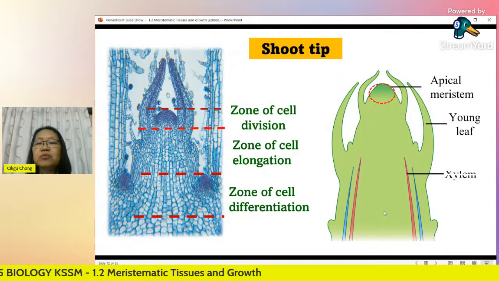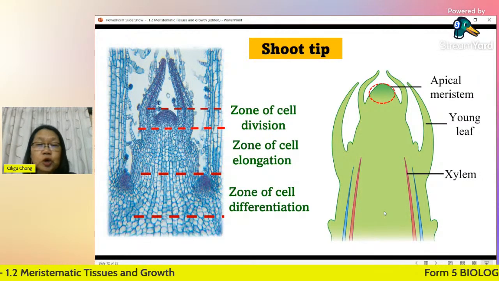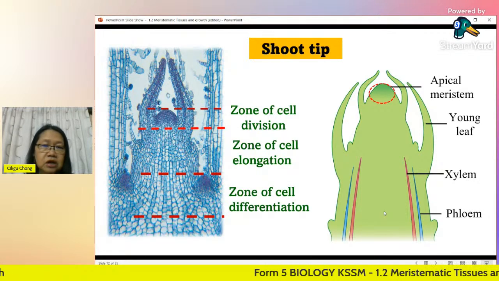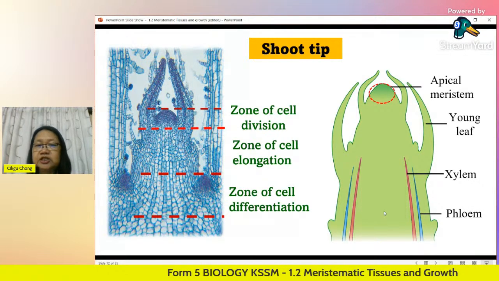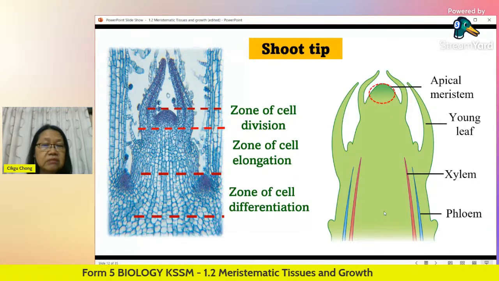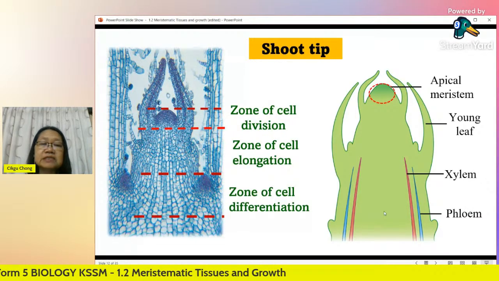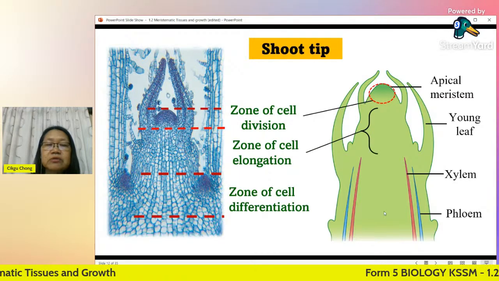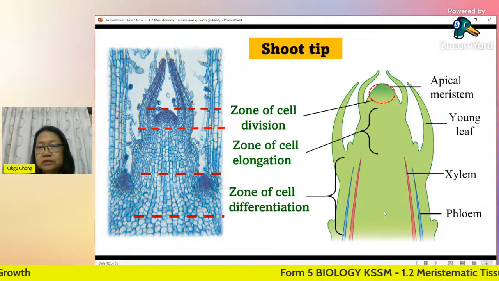Whenever you see xylem and phloem, this is already in the zone of cell differentiation. This is where you label your three zones.